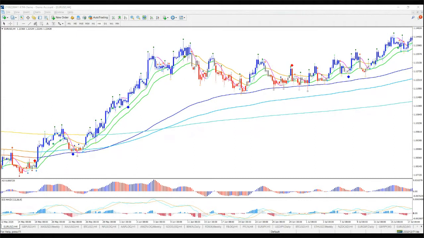So when you look at a 4-hour chart like this, obviously, when you're looking for setups, the less risky setups are when you trade away from the moving averages, because in that case, you're trading with the trend.